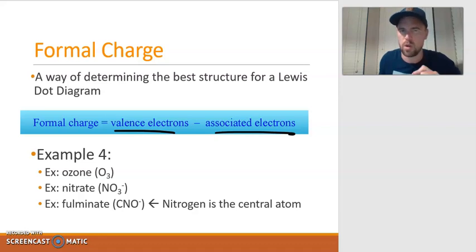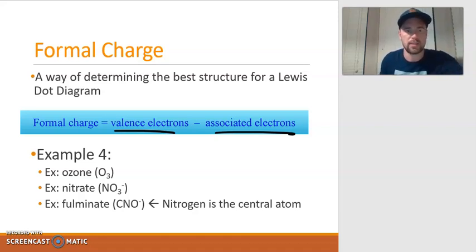Now you might be asking, what does that mean? What does the associated electrons mean? Well, I'll show you when I take a look at some examples, but that's the formula to calculate formal charge for every single atom. And as we go through some examples, you're going to see how there are some common trends that are going to help us out.